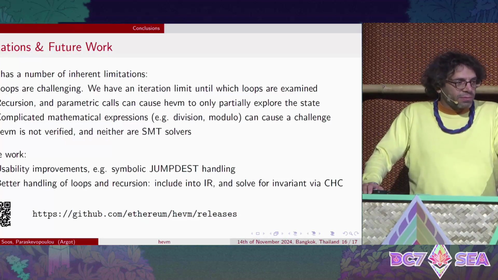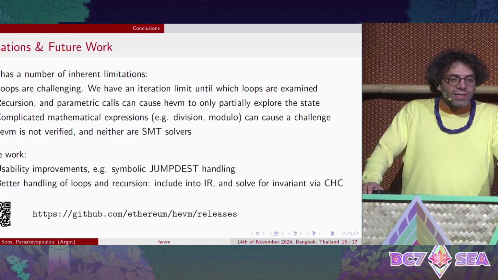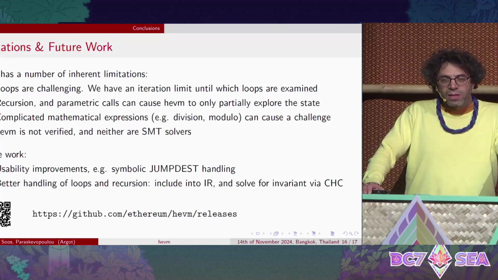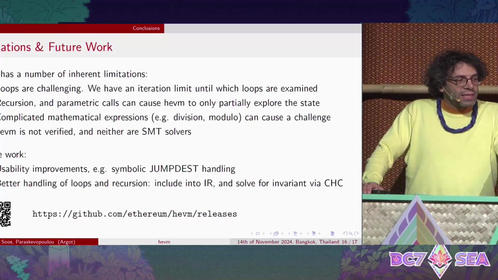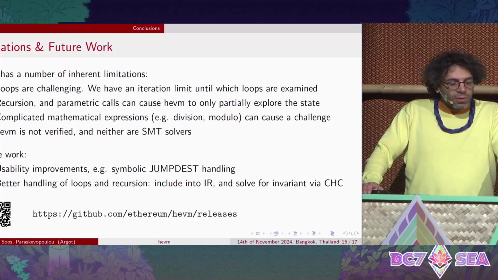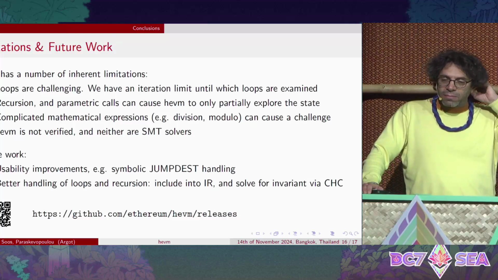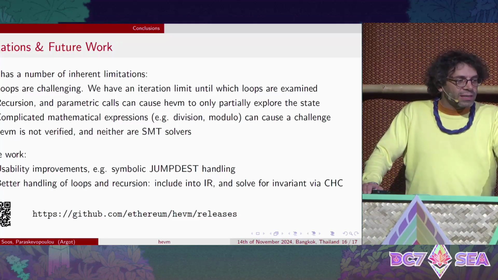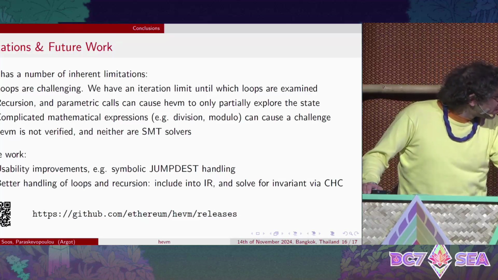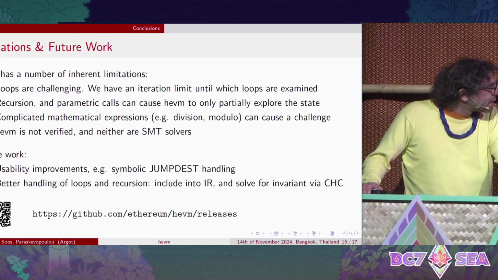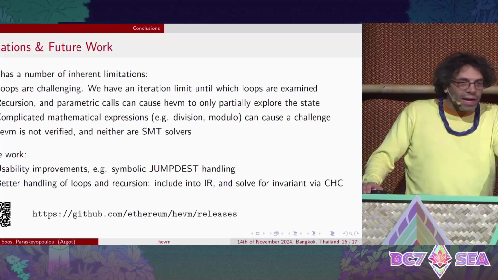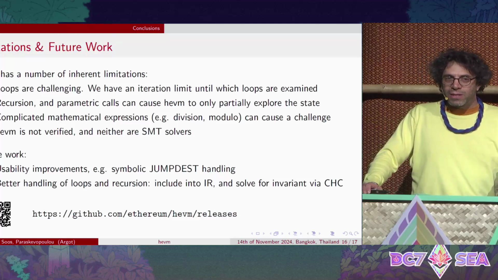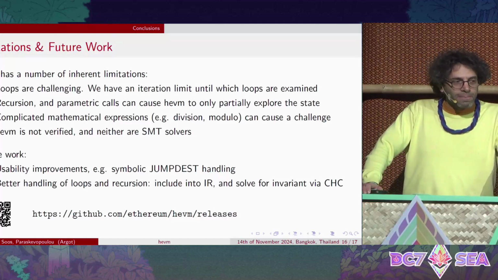For future work, we're planning to hopefully fix some of the issues regarding recursion and loops with some form of CHC, and potentially, hopefully, help with better jump test handling, but also maybe EF will help with that. In case you want to, there is, of course, the QR code, and check it out. Have a look, see what you can do. It should just work out of the box with your currently running tests.